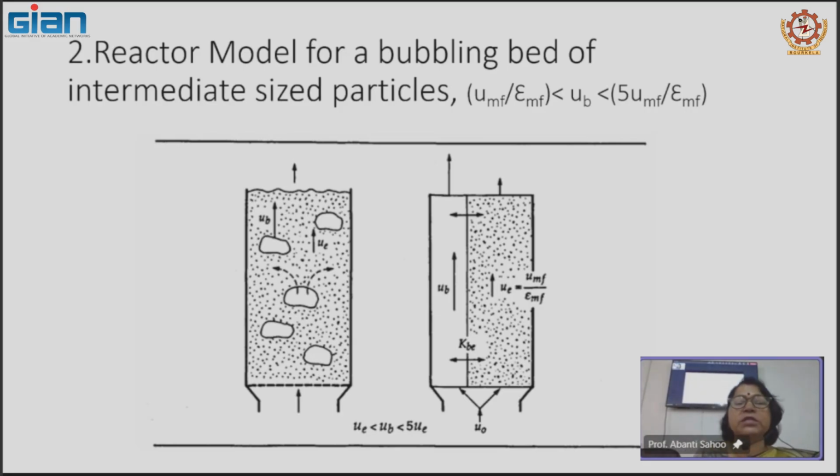Here you can see that for intermediate size the bubble movement slows down, and the gas is moving faster.